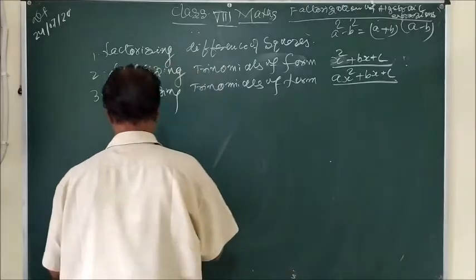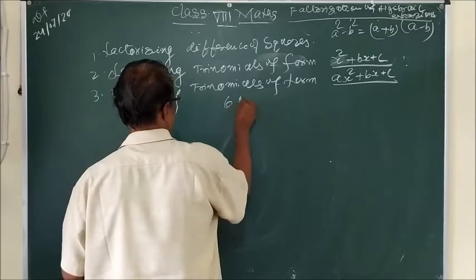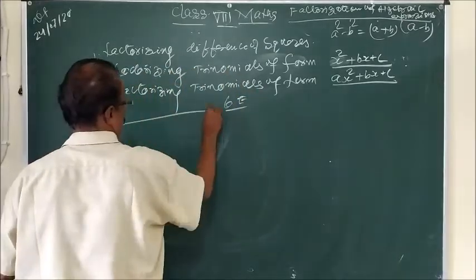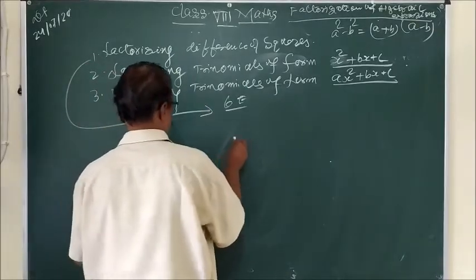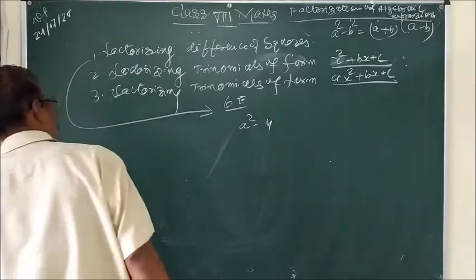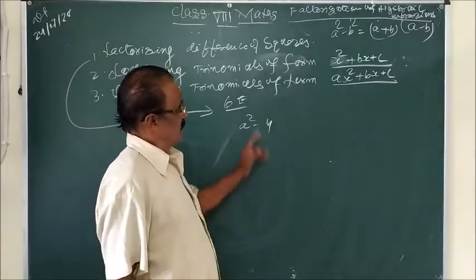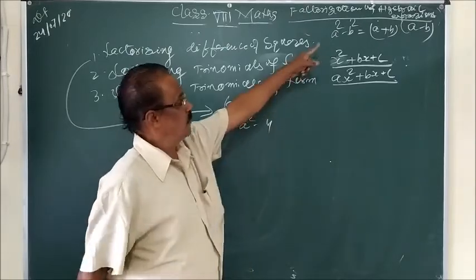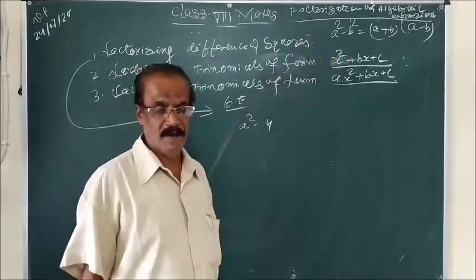First, suppose exercise 6e. You will see first, 6e: factorize a square minus 4. Now you can see we have to change it into the form a square minus b square.